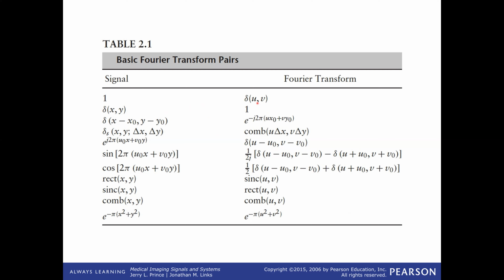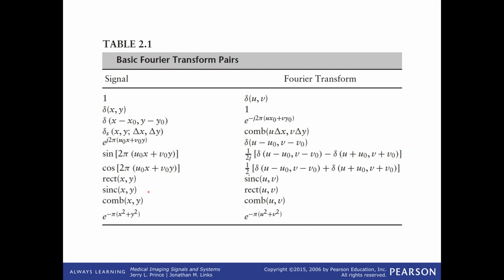The Fourier transform of a delta function shifted from the origin is a function that has unit amplitude. However, it oscillates as we change spatial frequency, and that's proportional to how much it's offset. What other ones? Rectangle is sinc.